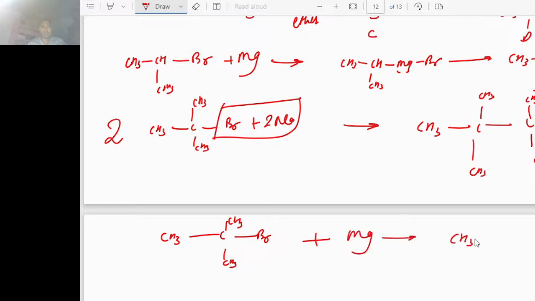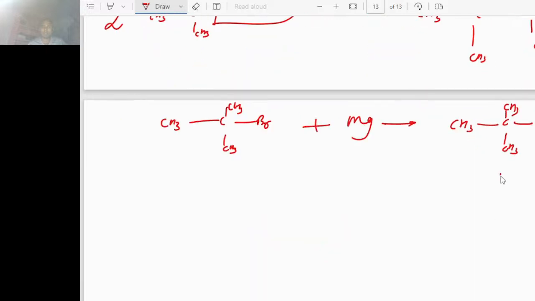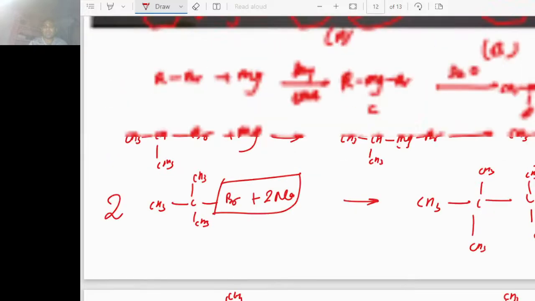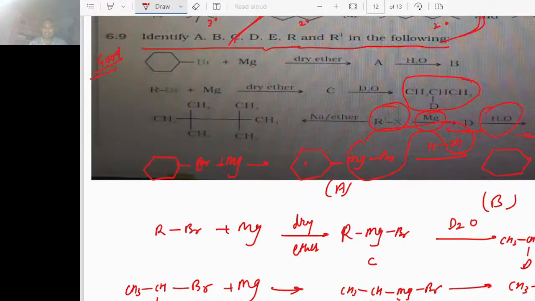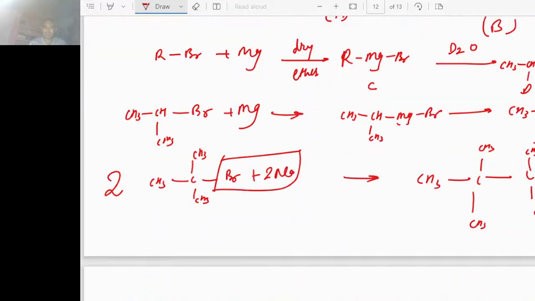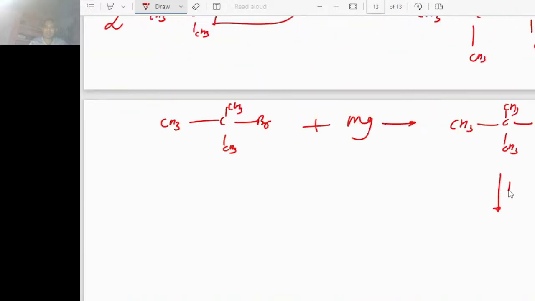You are going to get the Grignard reagent, student. Very simple. CH3, and here is Br. Now this Grignard reagent, if you are treating it with what, student? They are saying that again you are treating with H2O, student, so that alkane will be formed, student, alkane, because of Grignard reaction. Wait, sorry, a little bit of mistake: MgBr will be there, this is the Mg and here is Br.